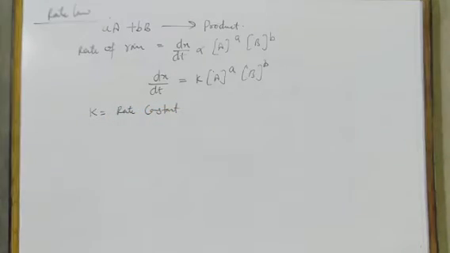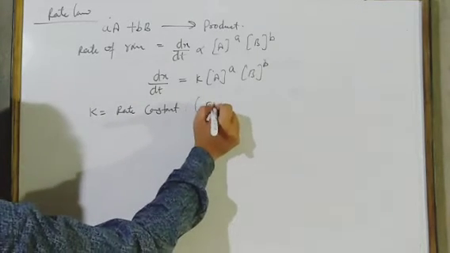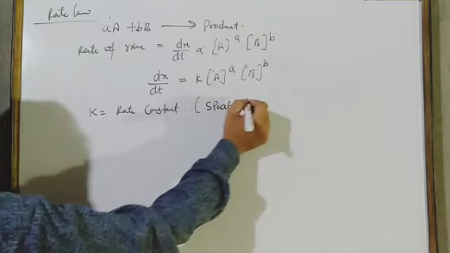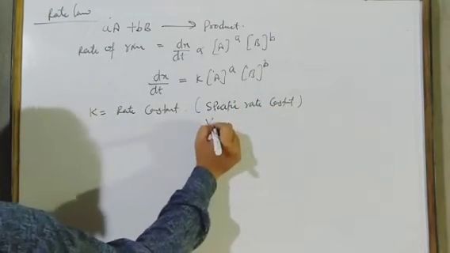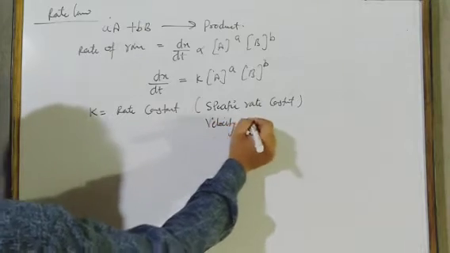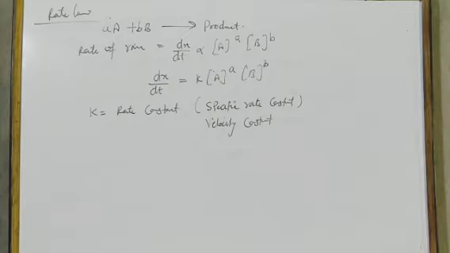K is the rate constant, which is also known as specific rate constant, velocity constant for any reaction, and velocity coefficient.